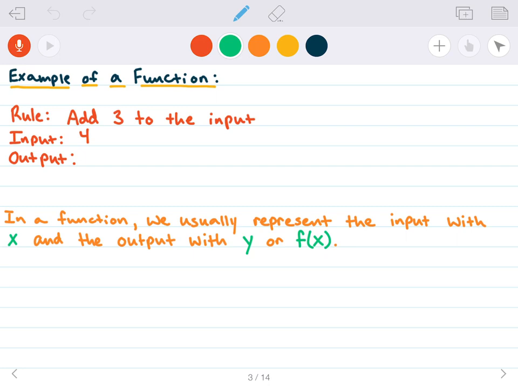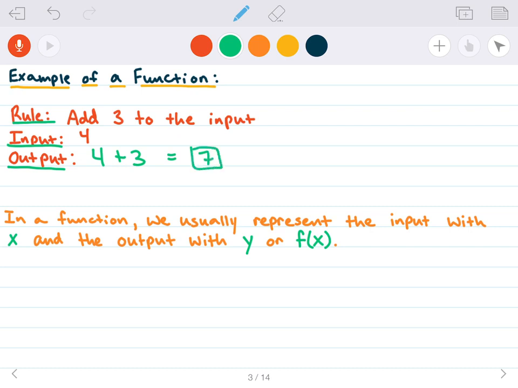Let's say we have a rule to add 3 to the input, and we feed into this function an input of 4. What is the output going to be? The rule tells me to add 3 to the input, so we take the input, which is 4, and add 3. We get an output of 7.